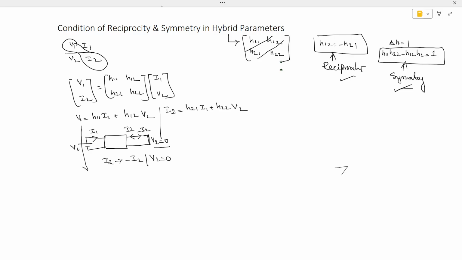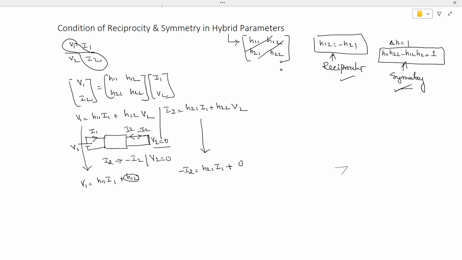So apply these changes: instead of I2, write minus I2, and make V2 equal to 0. Substituting in the expressions, we get V1 is equal to H11 I1 plus H12 V2, which is nothing but 0. The second modification is I2, which we write as minus I2. This is equal to H21 I1 plus V2 equal to 0.